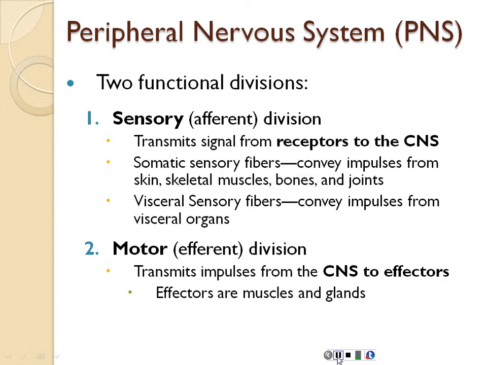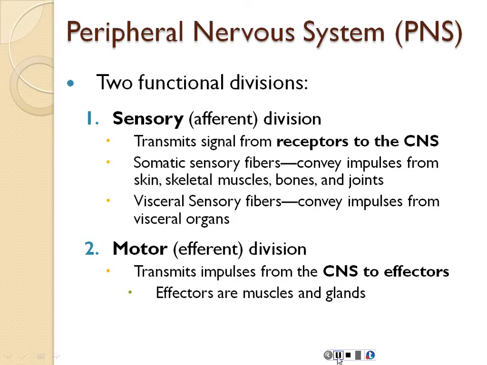Okay, everybody get that? The two major divisions of the PNS, again, we're talking about nerves. A set of nerves carries a signal from CNS to effector. Another set carries a signal from receptor to the CNS. And you should know that. If I give you a similar type test on Tuesday, I'm going to have some of this in there. Which division carries a signal from the receptor to the spinal cord?